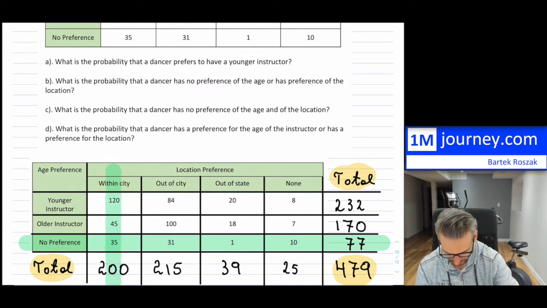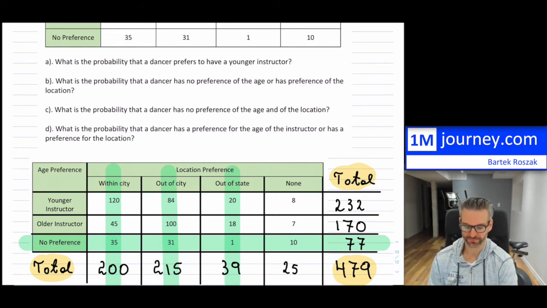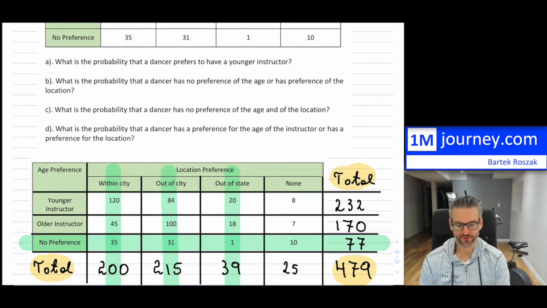So this, okay, this. All right. So they have no preference of the age and no preference of the location. Now the word "and" means that it's the intersection, right? So it's the intersection between these two.